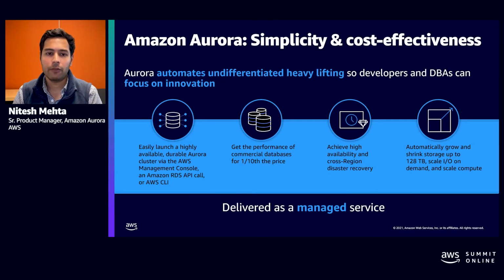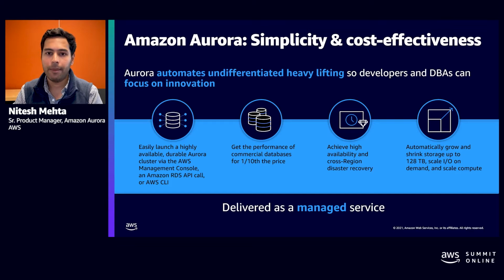So what is the main value proposition of Amazon Aurora? Well, first, it's a fully managed offering, which means that developers or DBAs or DevOps personnel do not have to do any undifferentiated heavy lifting. They can easily launch databases whenever they need it. They don't have to patch, upgrade, or deprecate any of the versions.